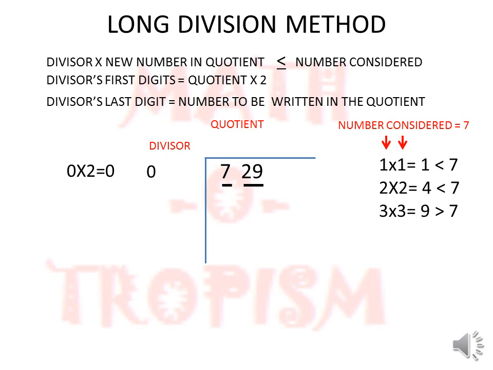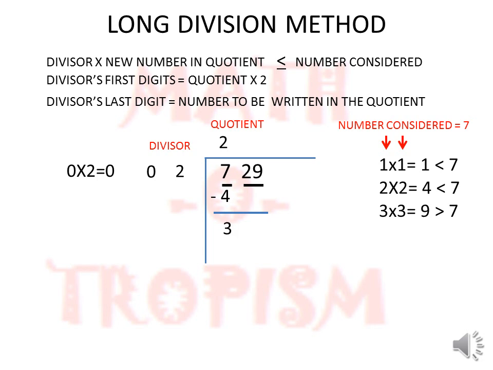So 1 into 1 is 1, 2 into 2 is 4, 3 into 3 is going to be 9. It should be lesser than or equal to the number considered, 7. So I will go with the biggest number which is lesser than 7. In this case it is 2. So I'll put 2 in the divisor as well as in the quotient. 2 into 2 comes to 4. Now when I subtract, I get a remainder of 3.